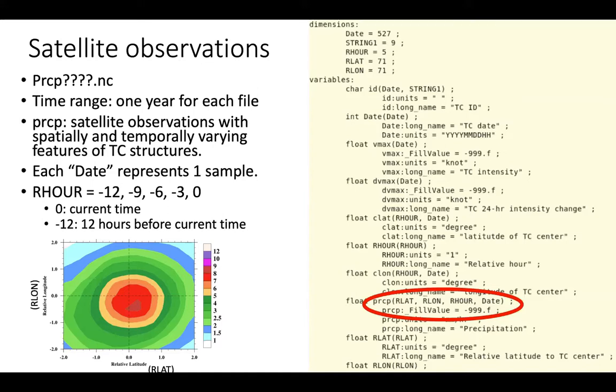We label the data in coordinates relative to the storm center, so you see a two-dimensional array as a function of r lat and r long. r lat is the relative distance in latitude with respect to the storm center, and r long is the relative longitude with respect to the storm center. The precipitation rate has a unit of millimeters per hour. So that's the data set.